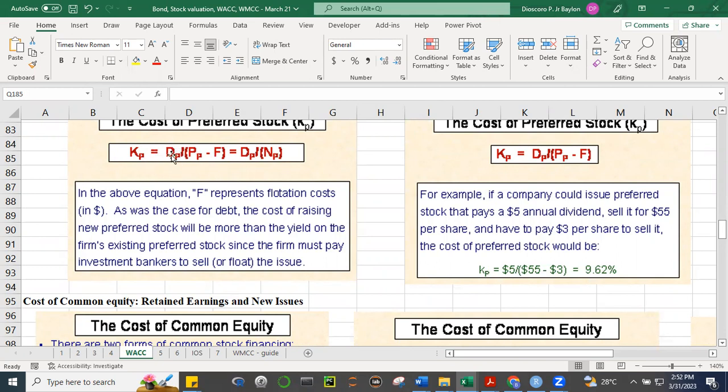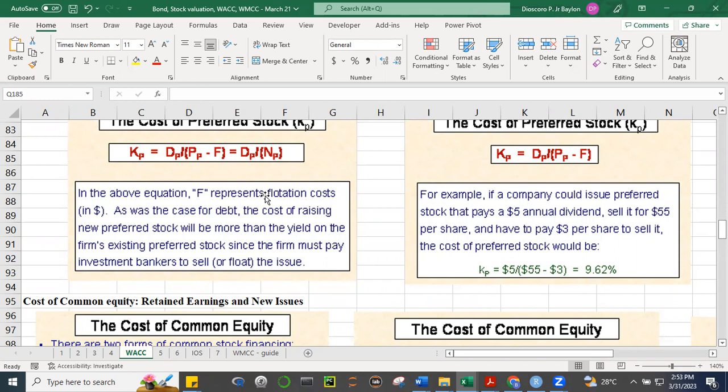If we know the dividends for a preferred stock, which is usually constant, the current price of the preferred stock, and the flotation cost to acquire financing, which is to sell your preferred stock. Yes, that's correct.